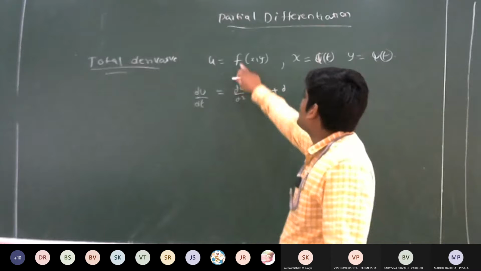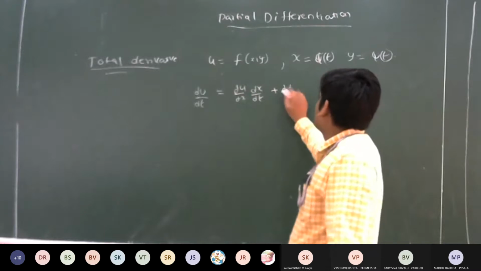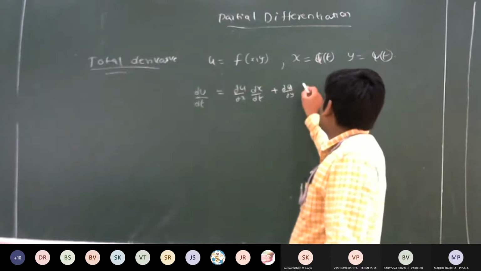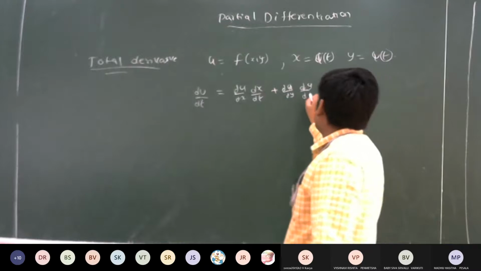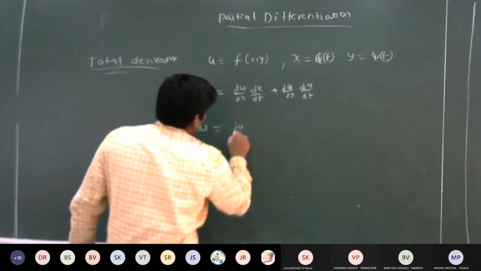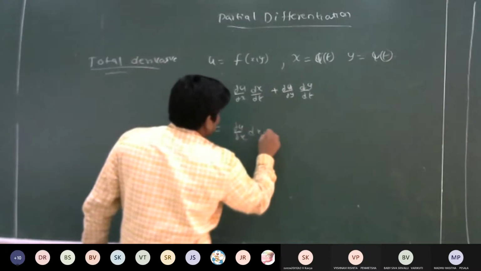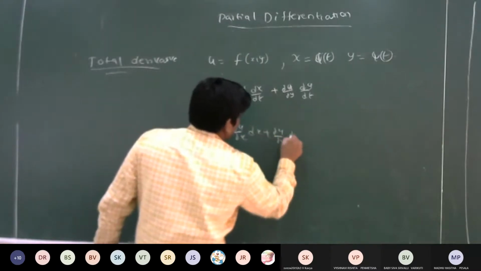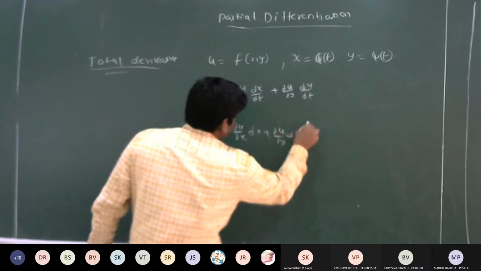Plus, again u is a function of y, so dou u by dou y into dy by dt. You can also write it as du is equal to dou u by dou x into dx plus dou u by dou y into dy.